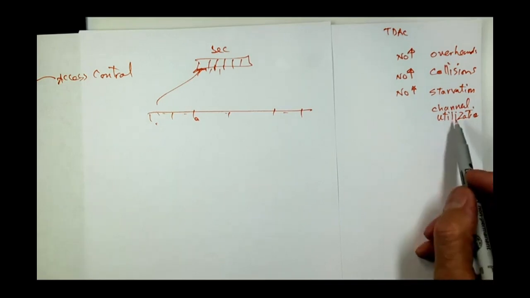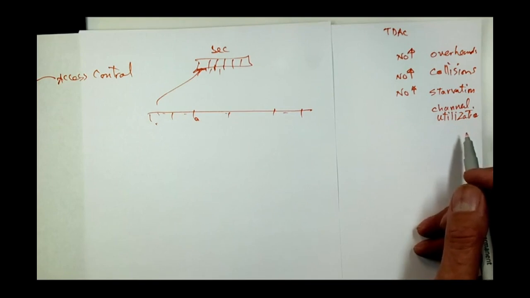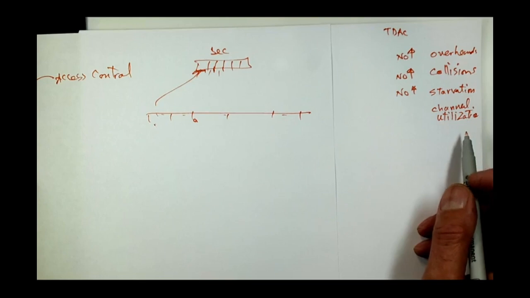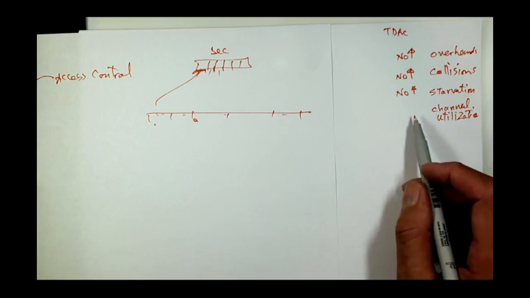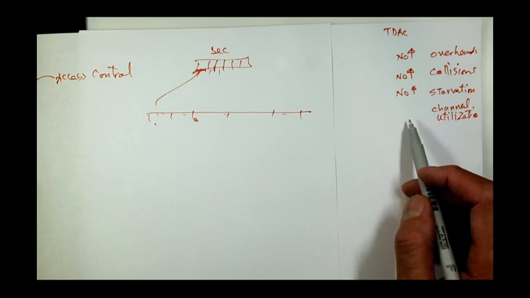On channel utilization, if your channel can transmit 100 million bits per second, but you're only transmitting 50 million bits per second, then you're only 50% utilizing that channel. So what about utilization here in the time division media access?